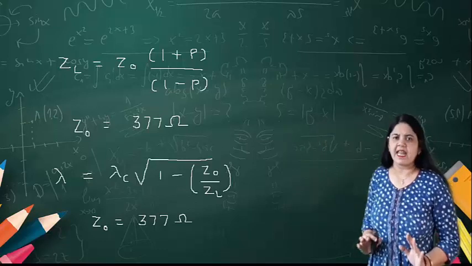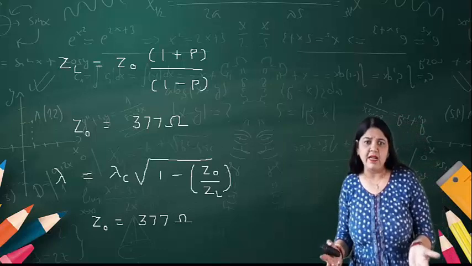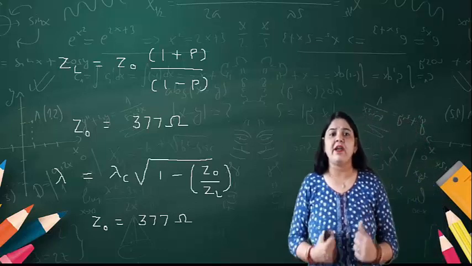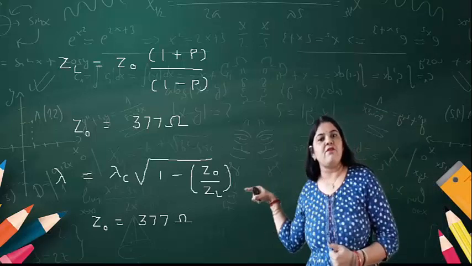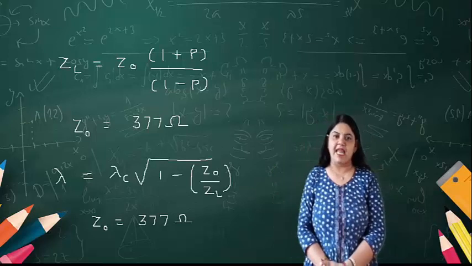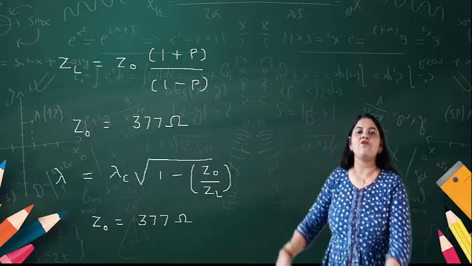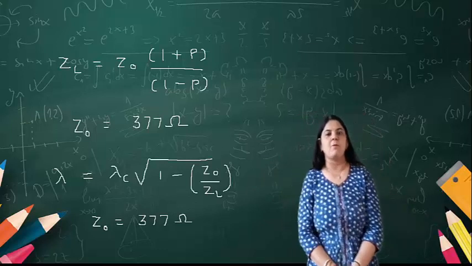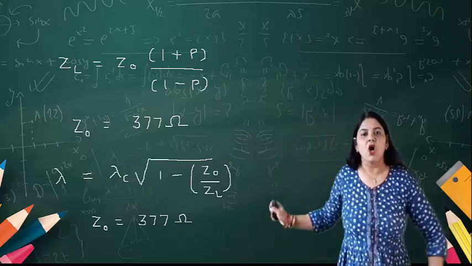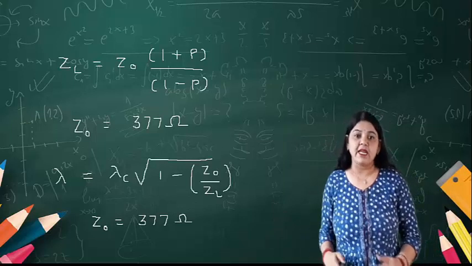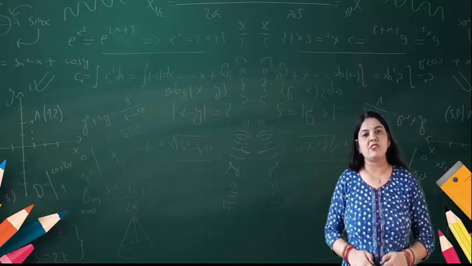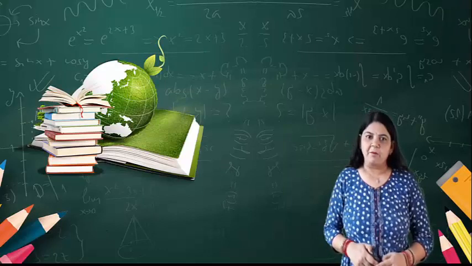Z0 is the characteristic impedance, which we are assuming to be 377 ohm, and we have the equation for lambda: lambda is equal to lambda C times square root of 1 minus Z0 upon ZL. So these are all the equations which we studied earlier. This way we can measure the impedance.